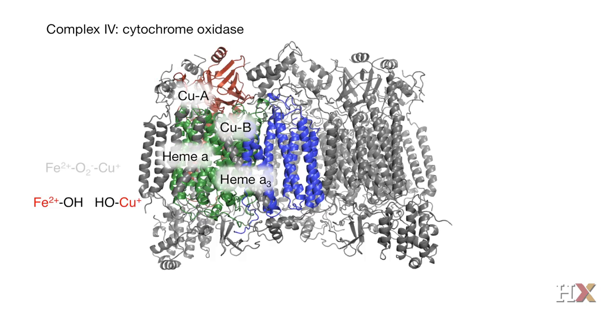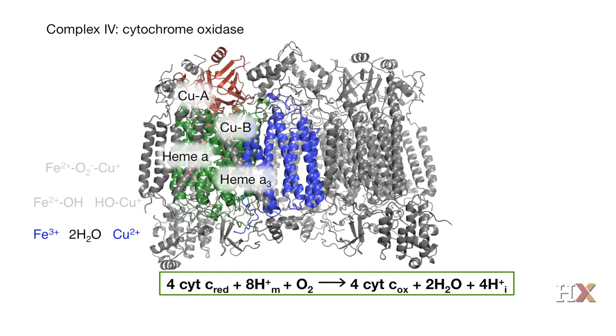Now we have a hydroxyl group bound to iron and a hydroxyl group bound to copper. Then two other protons extracted from the mitochondrial matrix will come in, react with the two hydroxyl groups to form two molecules of water. And now complex 4 is ready for a new transfer and a new round that will lead to the formation of water.